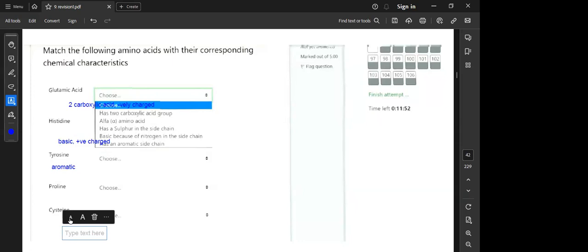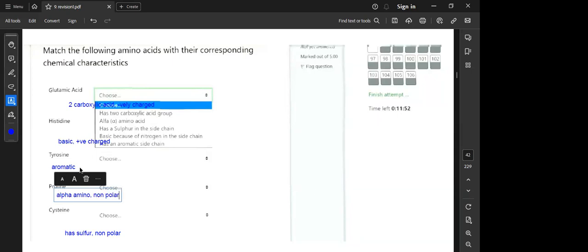Na proline? Proline siko sure. Yes, it's that one for alpha. The nitrogen atom is attached both to the alpha carbon and to a chain of 3 carbons.